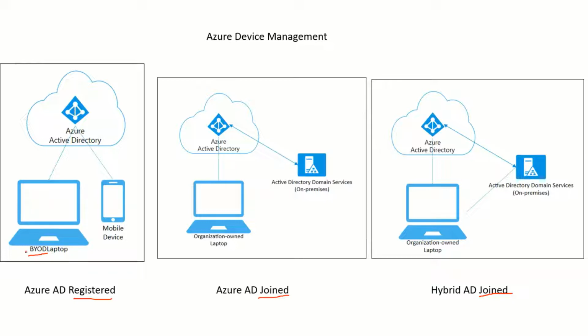Those kinds of devices will be automatically registered in Azure AD as the Azure AD registered type. Mobile device here means a handheld device like an Android mobile, Windows mobile, or iOS mobile.